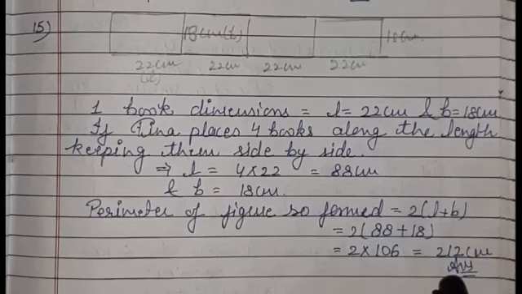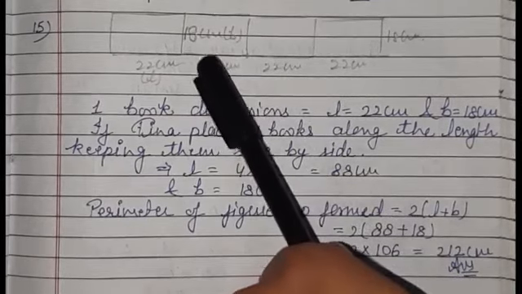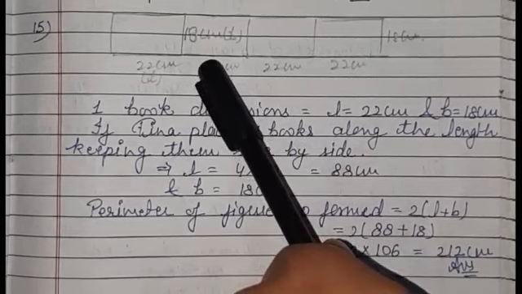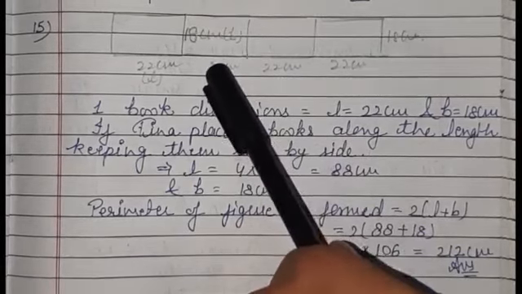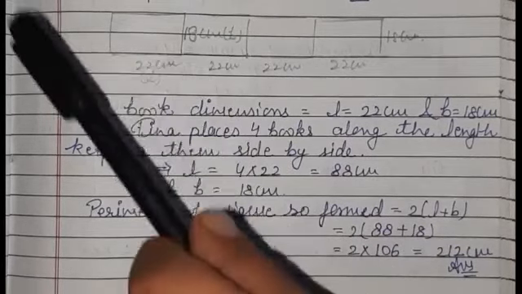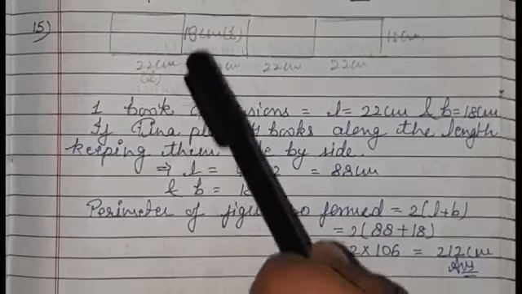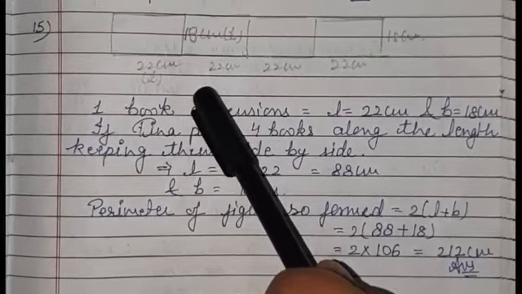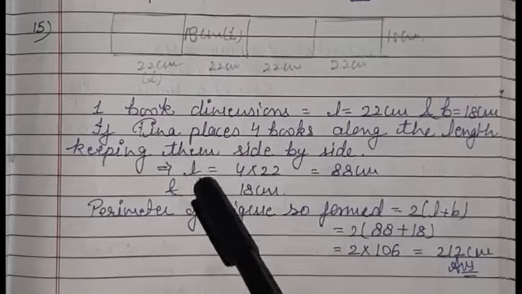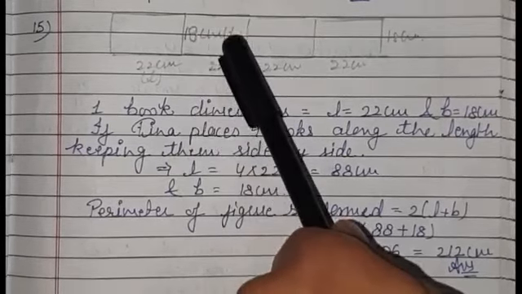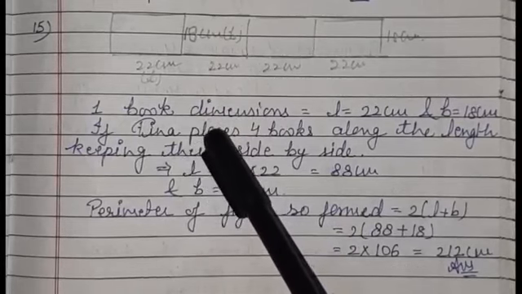Next they are saying, then she places the books along the breadth, keeping them side by side. If she places the books along the breadth side by side, in that case length remains the same, 22, but breadth becomes 18 plus 18 plus 18 plus 18, which means 4 times 18 because there are 4 books.